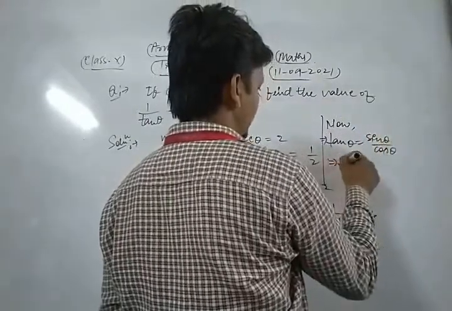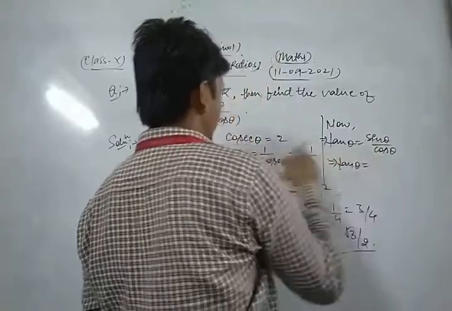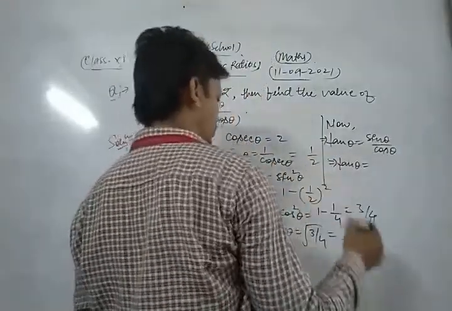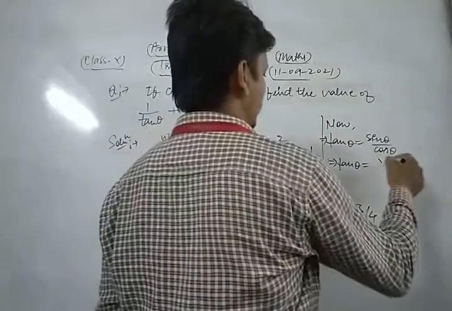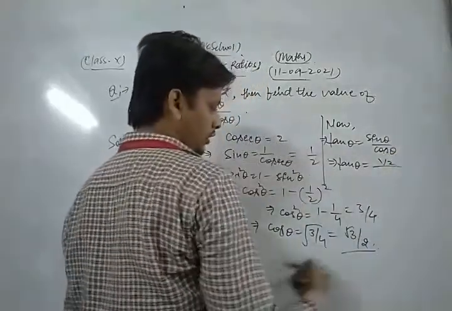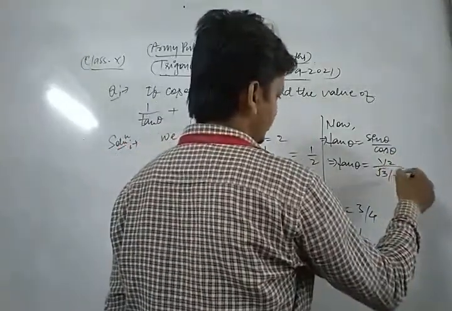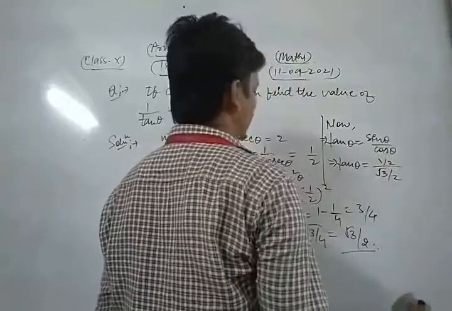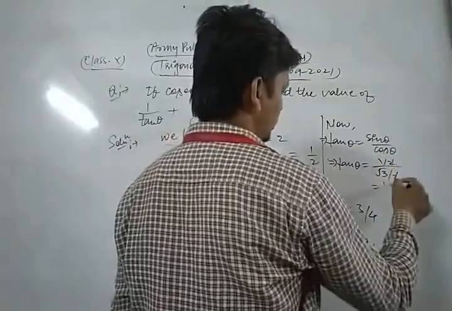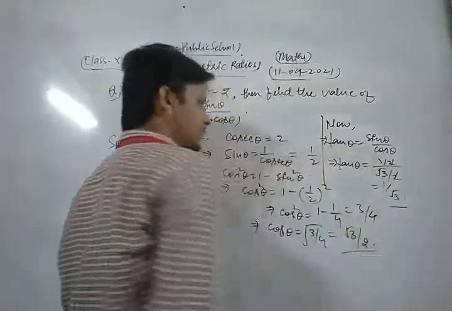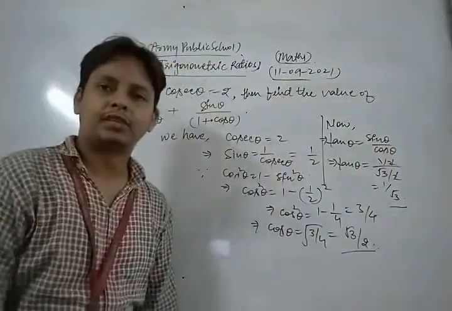So the value of sin theta is 1 upon 2, and the value of cos theta is root 3 upon 2. So 2 cancels each other, so 1 upon under root 3. This is the value of tan theta.